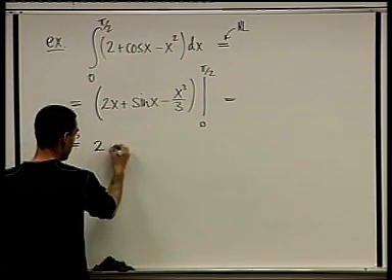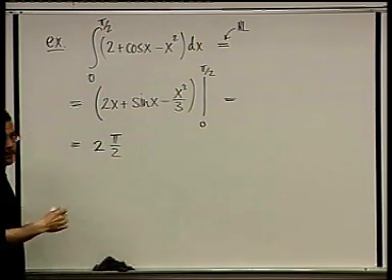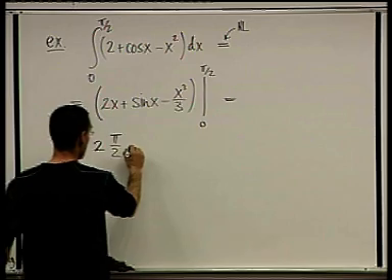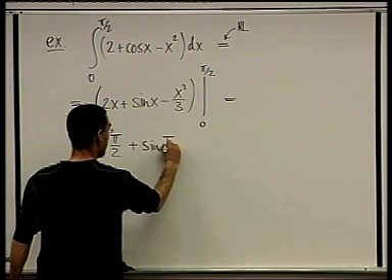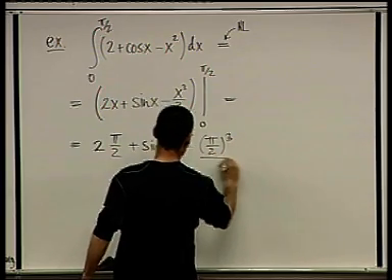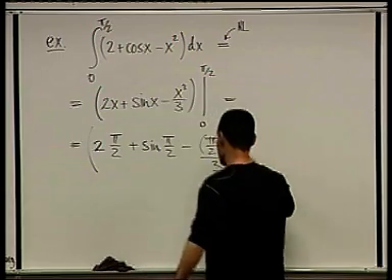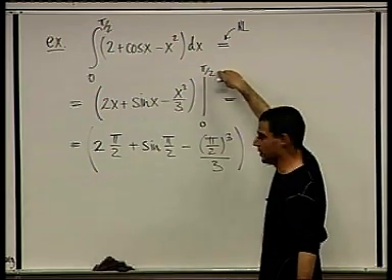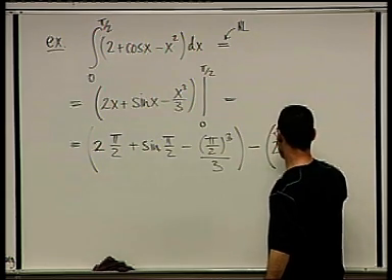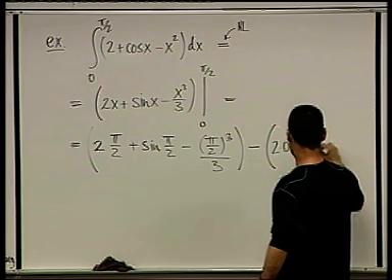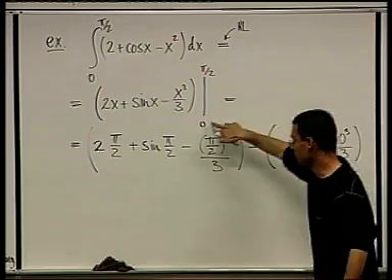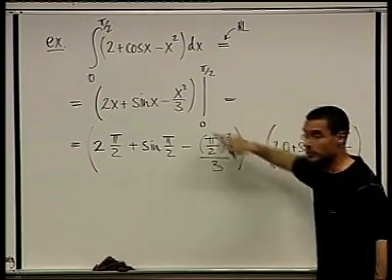We get 2 times pi over 2, I'm going to do this annoyingly with all the details, just for this example, so everybody follows, plus sine of pi over 2 minus pi over 2 cubed over 3. That's the antiderivative evaluated at b, minus 2 times 0 plus sine of 0 minus 0 cubed over 3. That's the antiderivative evaluated at the lower bound.